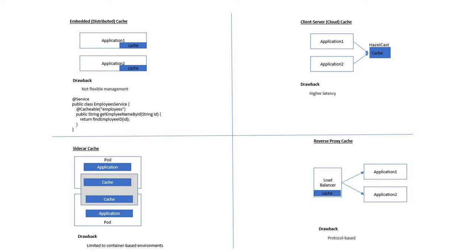In these three techniques, the embedded cache, the client server, and the sidecar cache, we are saving the data either in the application server or on a different server. But there is one more way, called a reverse proxy, where we cache on the load balancer.